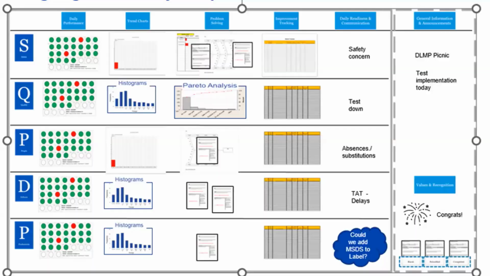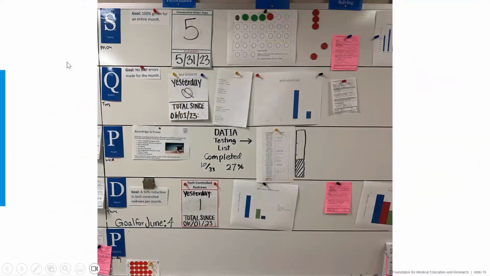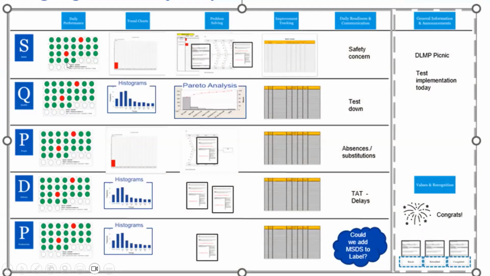So this is an example of an MDI board, and like I said, it's nothing but a visual management tool that allows you to look at the metrics that you've selected.